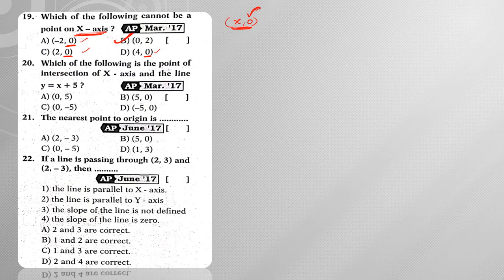Next, which of the following is a point of intersection of x-axis and the line y is equal to x plus 5? So for the point of intersection with x-axis, already we know on x-axis y will be equal to 0.